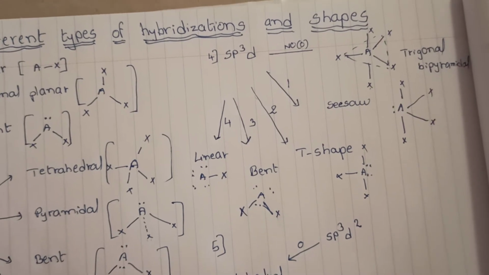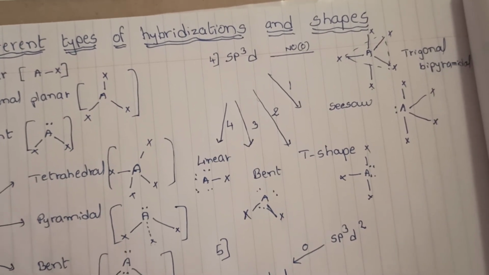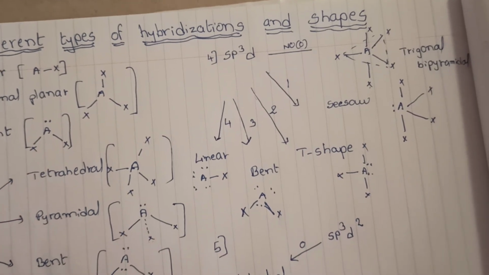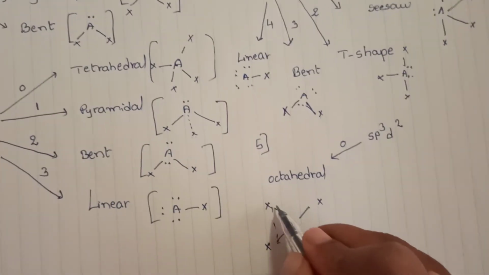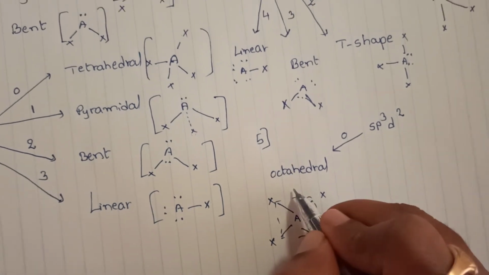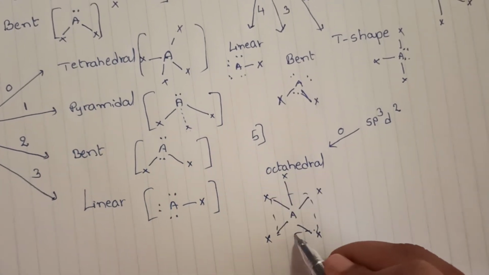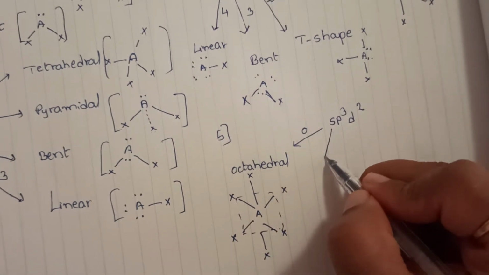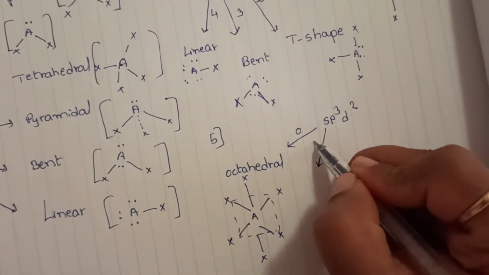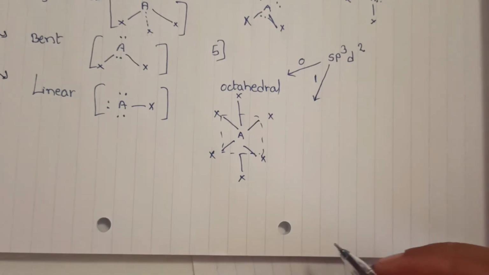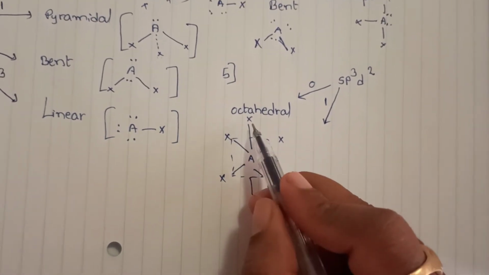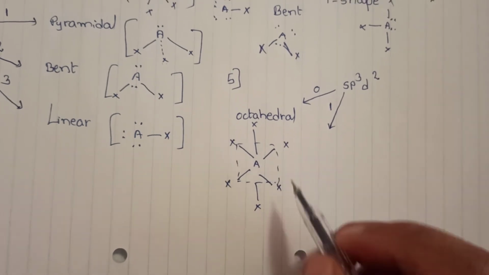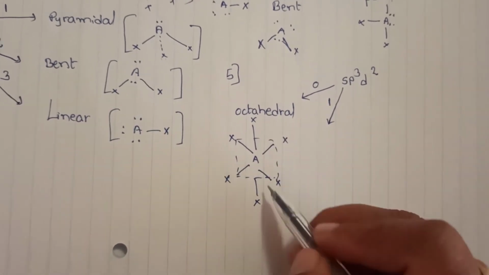With the general example I am explaining here, A is the central atom. And when one of the atoms is replaced with a single lone pair, there is a possibility of having a lone pair.